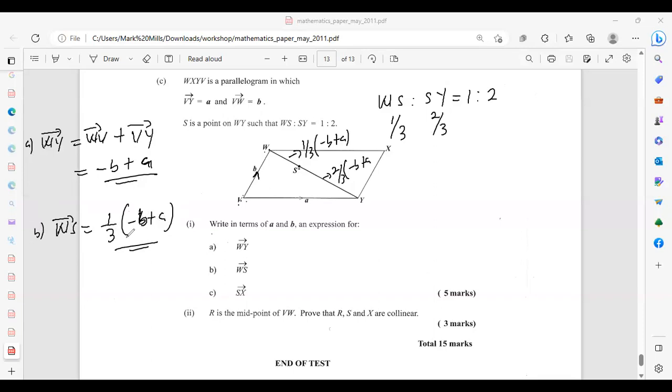They give us information that WS to SY is 1 to 2, right? So we established that WS will be 1/3 and SY will be 2/3.